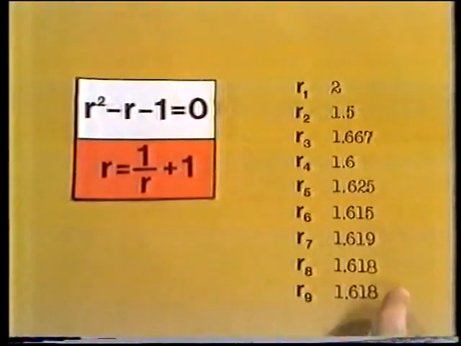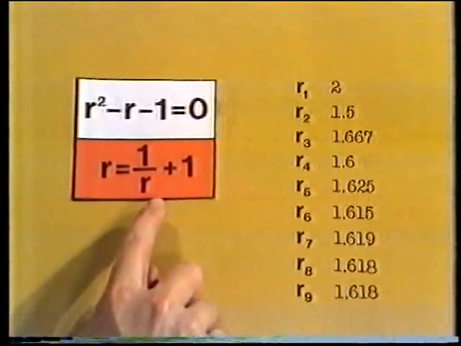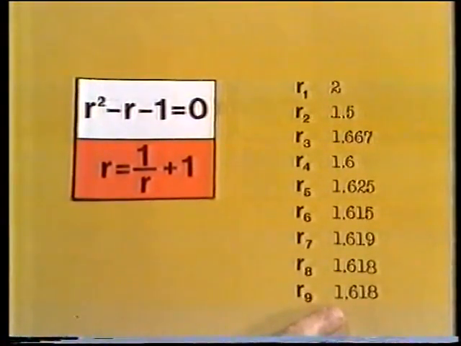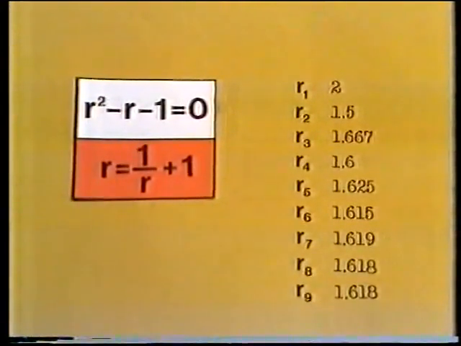So this 8th value here is the solution to our rearranged equation. If you substitute 1.618 into here, then you get the same number out again. So that's the solution to that. This is a rearrangement of that. So 1.618 is the solution that we're looking for, at least to 3 decimal places.